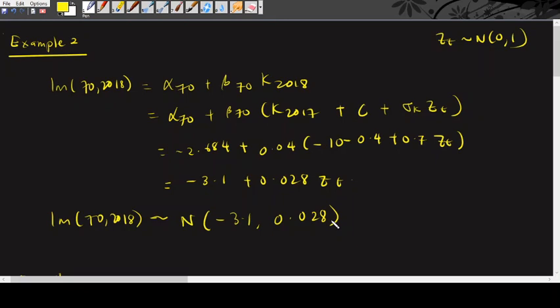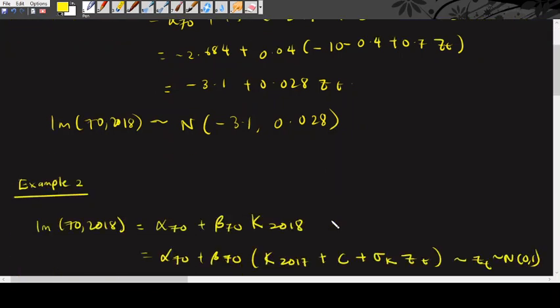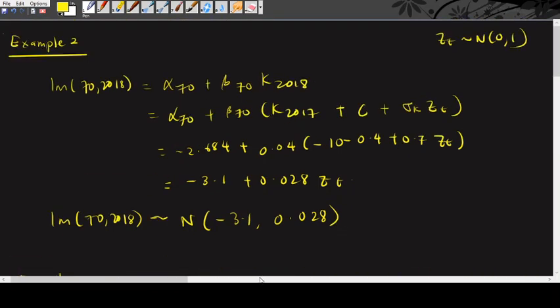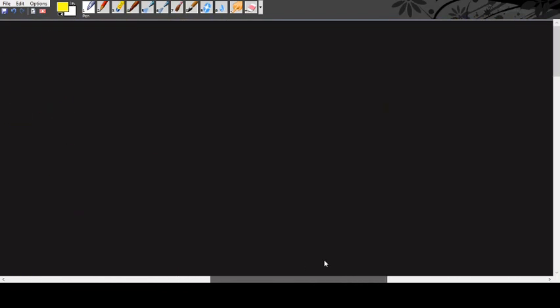So if we have a random variable x that is normally distributed with mu and sigma, any exponential of x is log normally distributed.